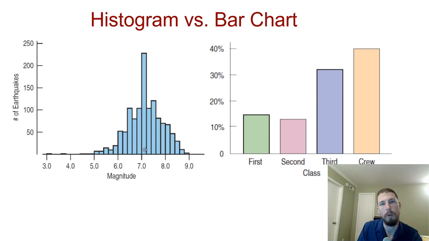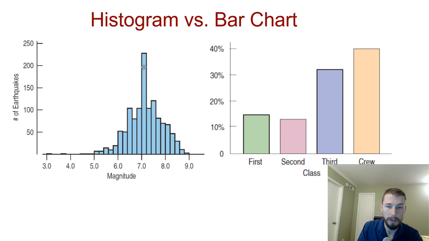How wide is this bin? To figure that out, we're going to go from 7 to 8 and count the number of bins: 1, 2, 3, 4, 5. So 1 divided by 5 is going to be 0.2. This is going to be from 7 to 7.2, but not including 7.2. 7.2 would actually go into the next bin. So anywhere from 7 to just under 7.2.